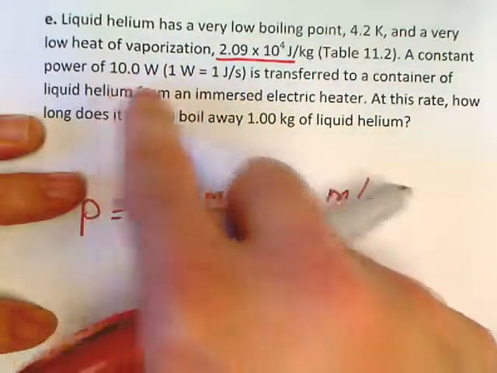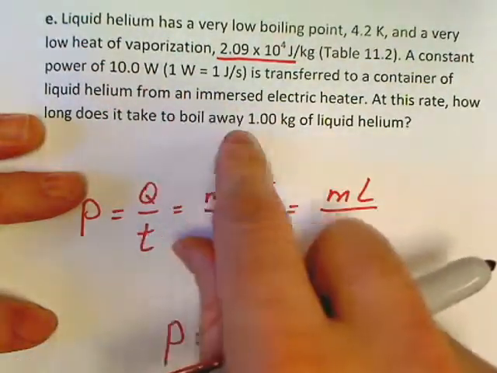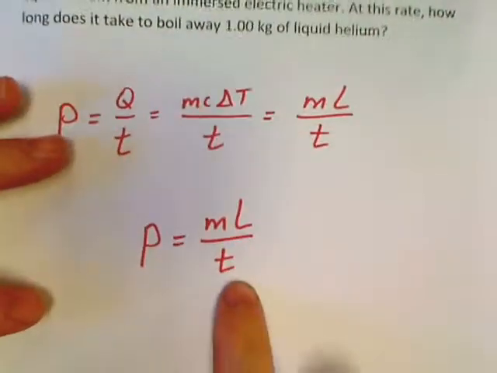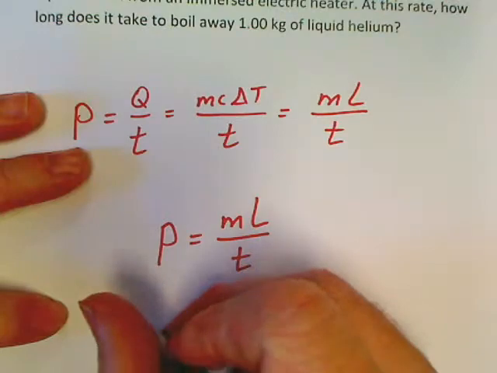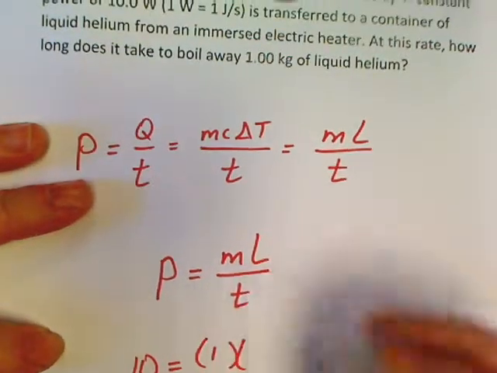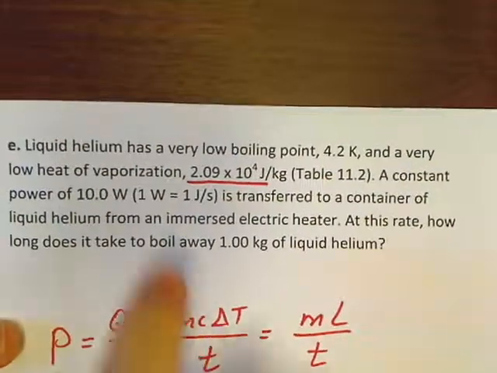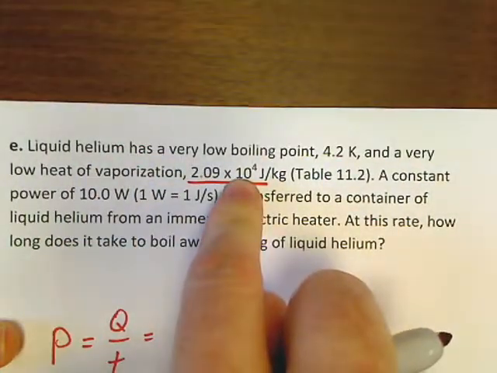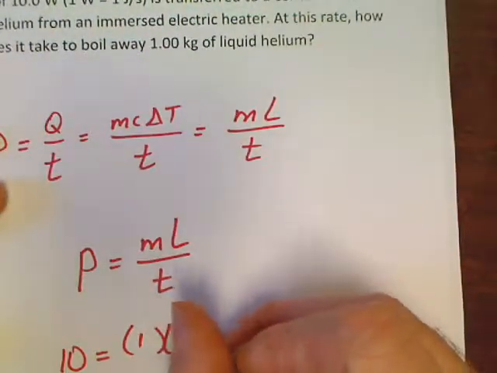And then we've got 10 watts, and all it asks you to do is find time. So this problem gives you 10 watts, and it gives you a mass of 1. It says that L for helium is 2.09 times 10 to the 4.